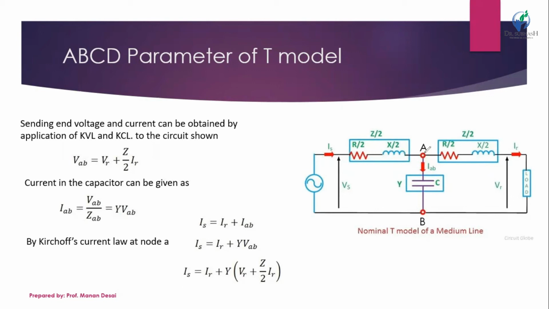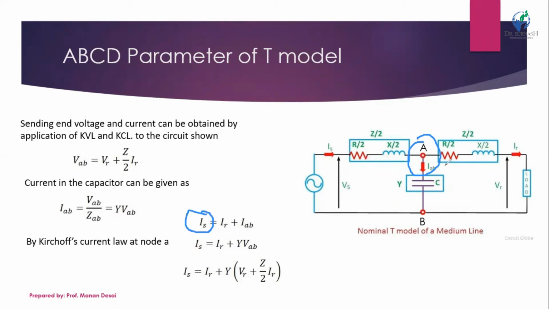IAB is the voltage between A and B, VAB, over the impedance, so we can say it is admittance into voltage. So IAB is equal to Y into VAB. Now by Kirchhoff's current law at node A, we get IS, the sending end current.